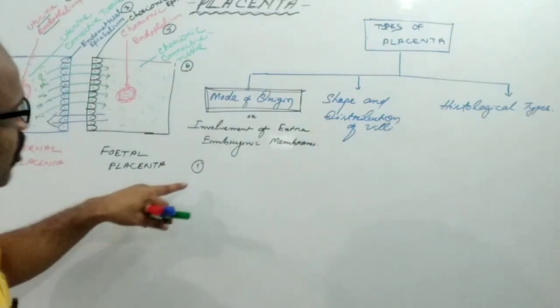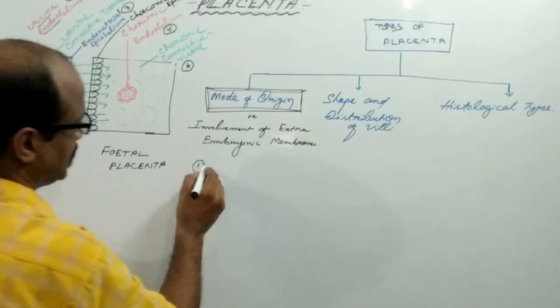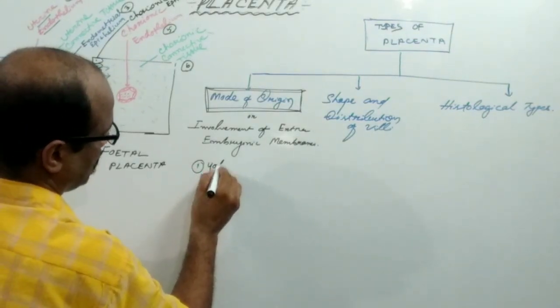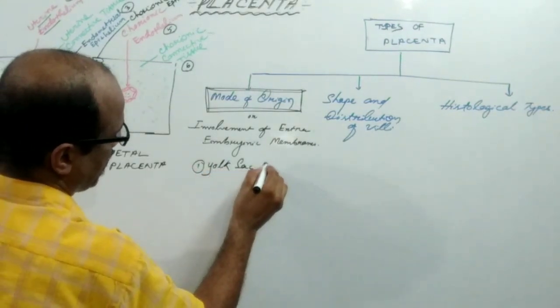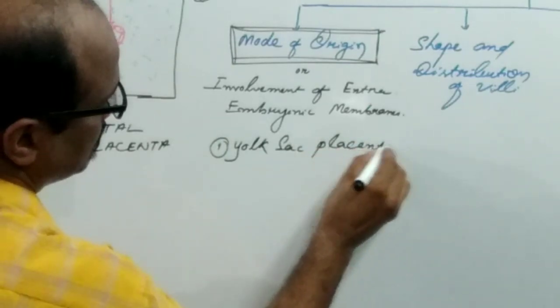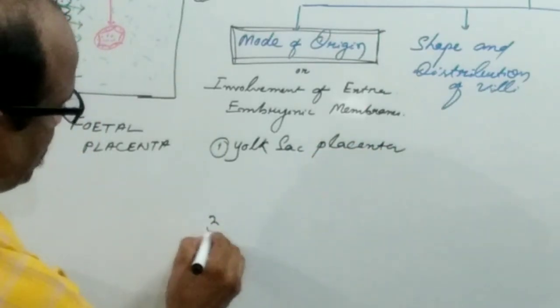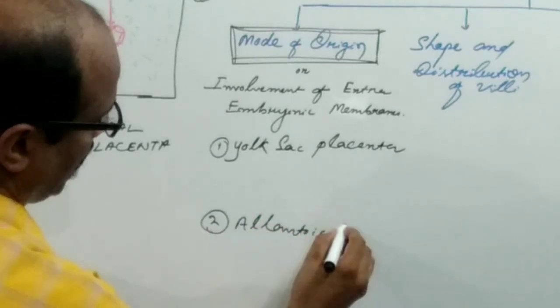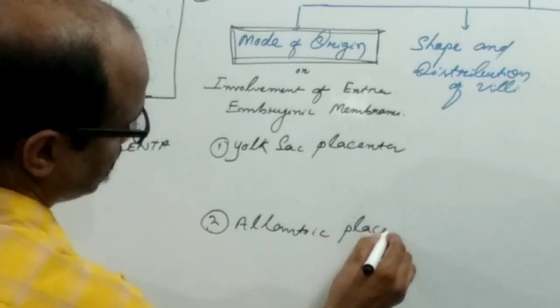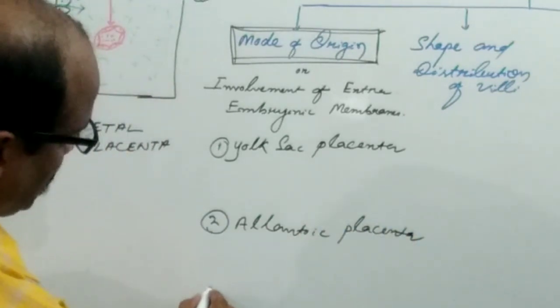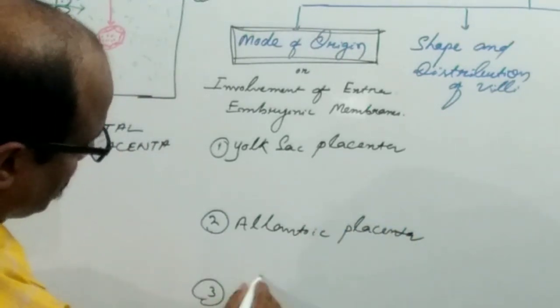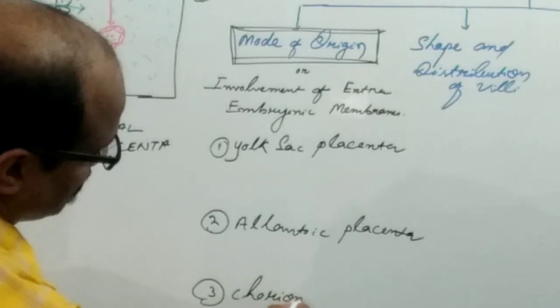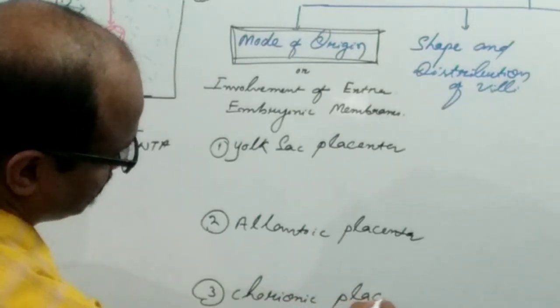The first one is the yolk sac placenta. The second is the allantoic placenta. And the third one is the chorionic placenta.